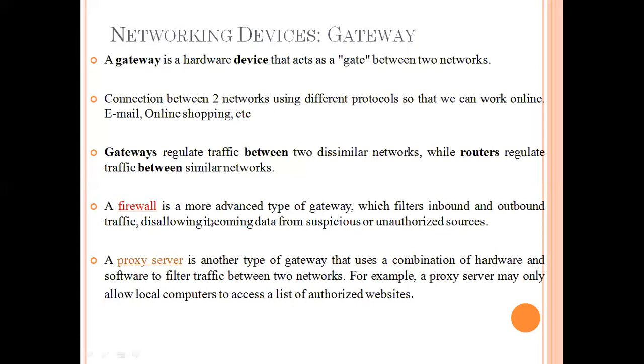Okay, so firewall is a more advanced type of gateway which filters inbound and outbound traffic, disallowing incoming data from suspicious and unauthorized sources. So firewall means you can have a protection layer, or you can stop the unwanted or unauthorized sources' data from entering your system. So it is also like a gate in your network. Okay, so it is a common kind of gateway.